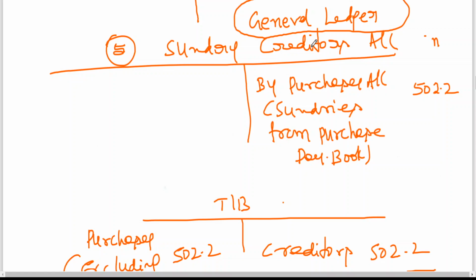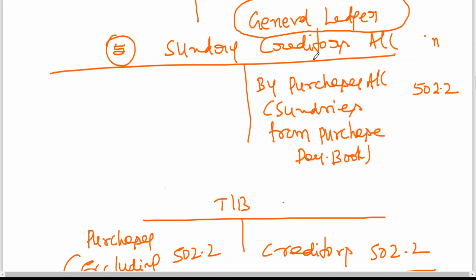I've been telling you the sundry creditors is a temporary account. Why is it a temporary account, sir? This account is prepared in order to prepare the trial balance. Because if I'm having thousands of suppliers, lakhs of suppliers, crores of customers, if you take Reliance, 20 crores, 30 crores customers, how can you show that in the balance sheet?